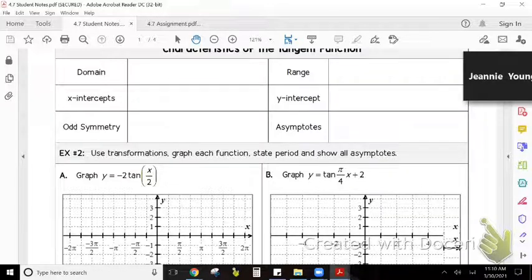So our domain, our x's there are angles. So what angles can it not be? Well, this is kind of like when we did the x-intercepts and the maximums and minimums on the sine and cosine, okay? So find one of those vertical asymptotes. Negative pi over 2. Okay, doesn't matter which one. So we got a negative pi over 2. And how often are they happening?